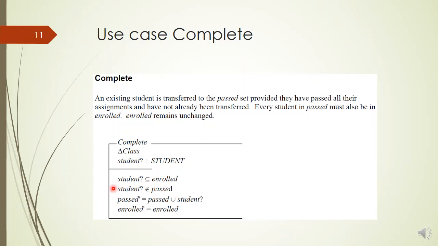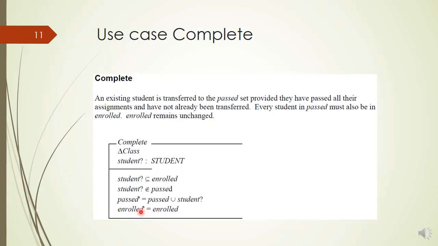Students, there is a minor typo. So there is a question for you: what is the mistake in the first predicate? Now we come towards the postcondition predicates, that is, the student going to complete all the assignments would become a part of the set passed, and there would be no change in the set enrolled.